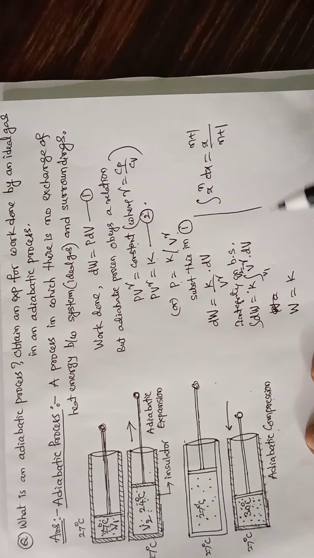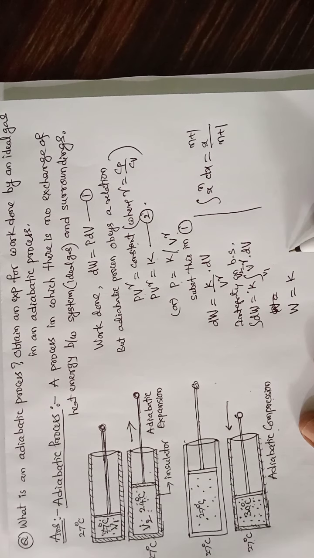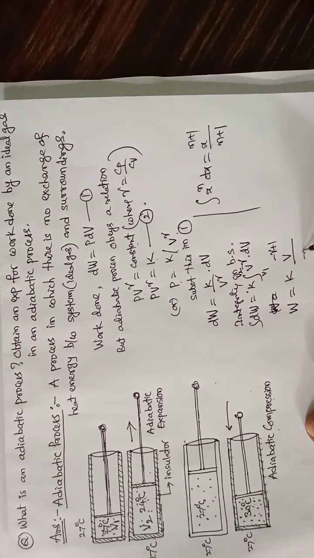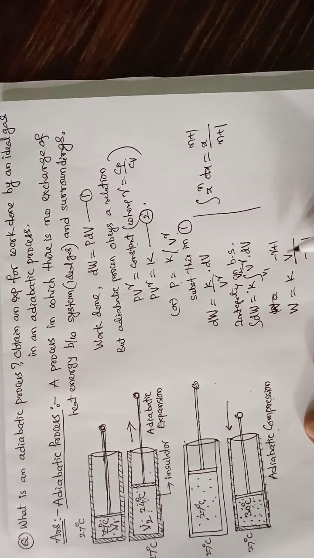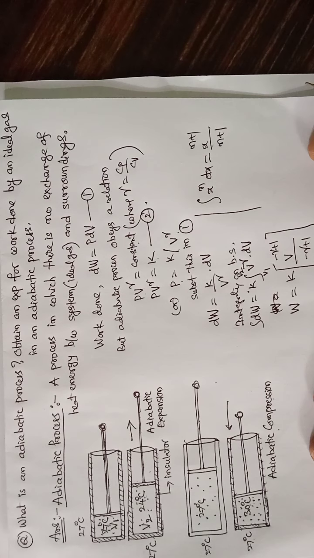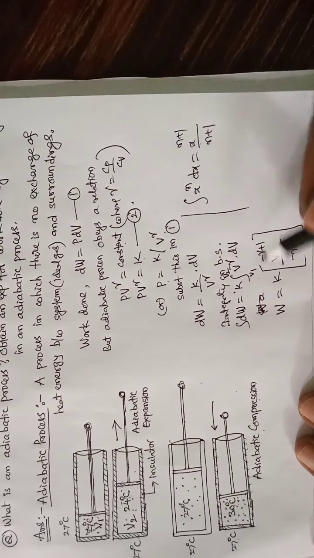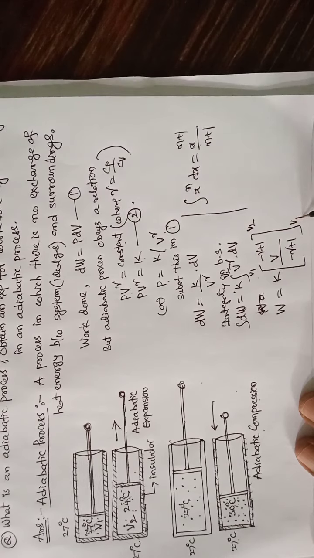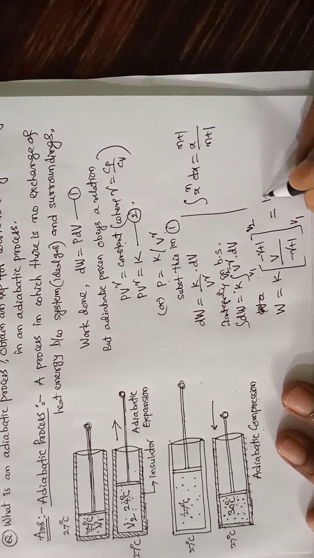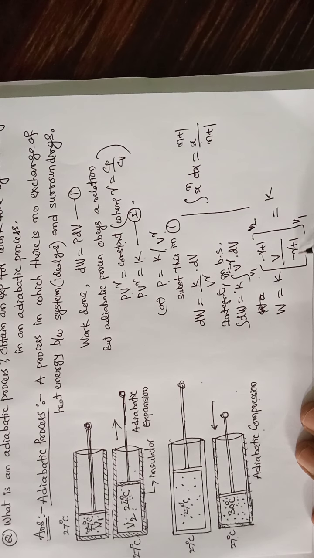So here in place of n we have minus gamma: V power minus gamma plus 1 by minus gamma plus 1. After integration, we substitute the limits. One minus gamma, this is a constant, so let us write here.